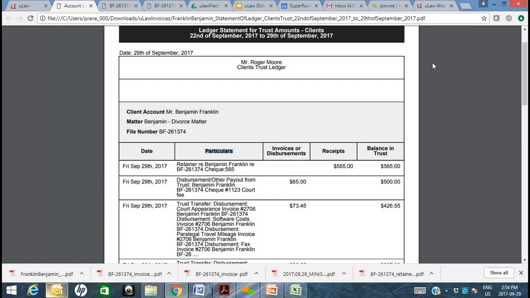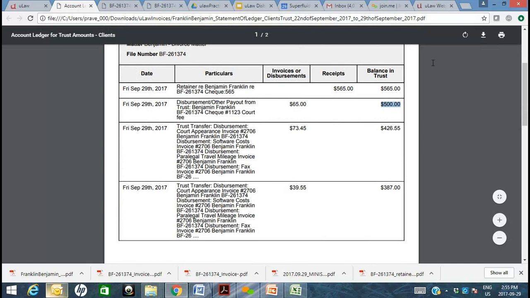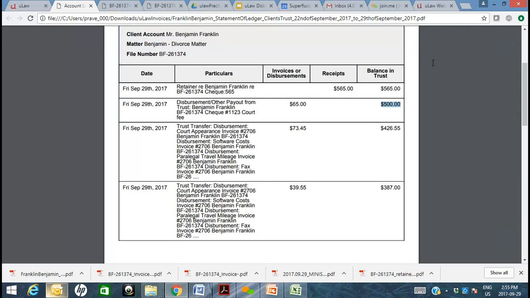As and when it happened, if you can recollect, we received a $565 retainer through this check, and that was the balance in trust then. And the first thing that happened was you paid right out of trust. You did a disbursement using a check for your court fee of $65, and your trust dropped to $500. And then you had your invoice, and that invoice consisted of disbursements and a legal fee. So you had your disbursement, which was a court appearance, outsourced consultancy expense of $73.45.